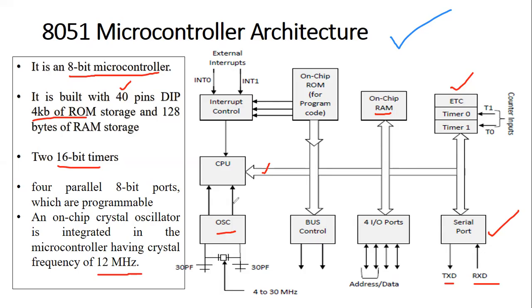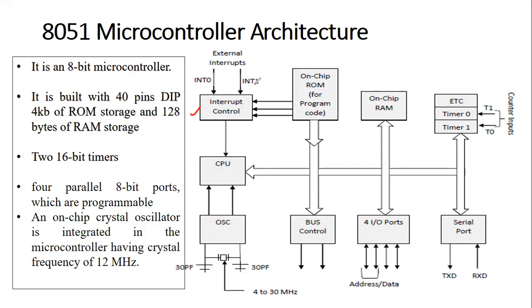This is the oscillator circuit, this is the CPU, and here you can see one more block, that is interrupt control. This interrupt control block has two pins, INT0 and INT1.